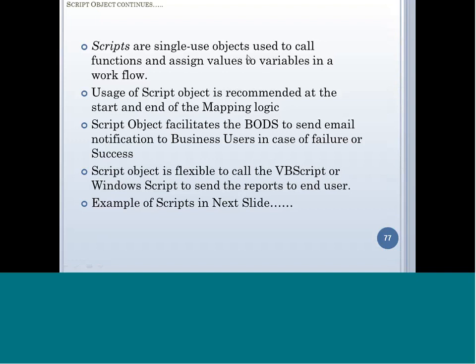Whatever they want to do, they manipulate everything in BODS, and finally they want to receive a mail in their Outlook as a PDF file. If you want to attach those, you can write it in a Windows script, and that Windows script can be called from the BODS scripting language. It's just a script object. So these are some basic examples of a script, how to use it, where to use it, etc.